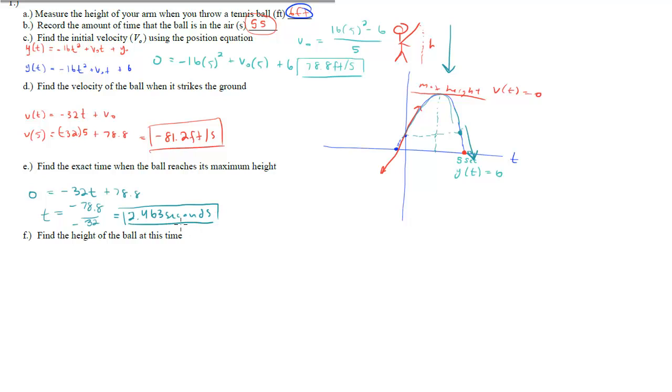And find the height of the ball at this time. Well, now we have our position equation, and we have a time that we're interested in.